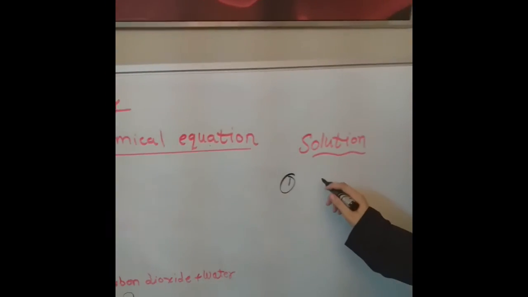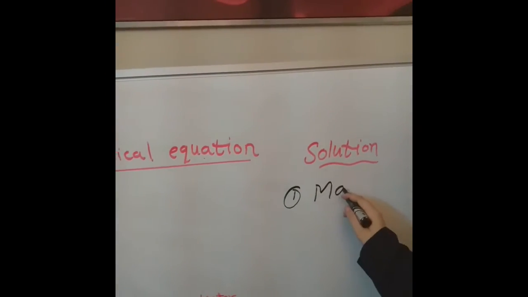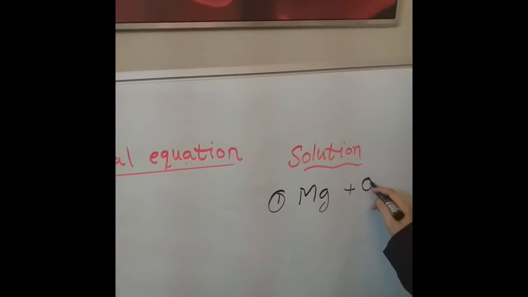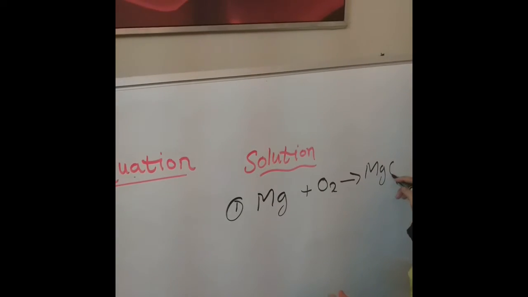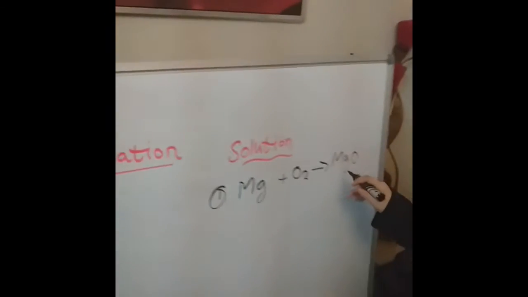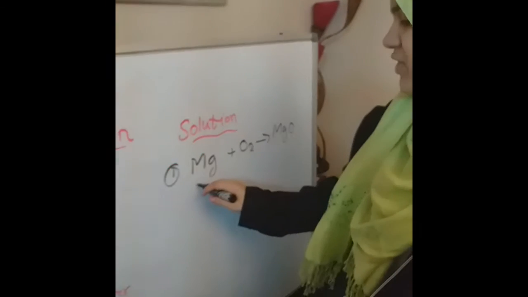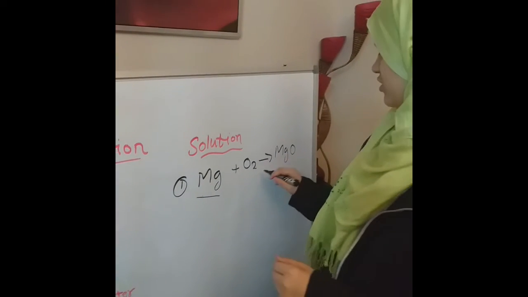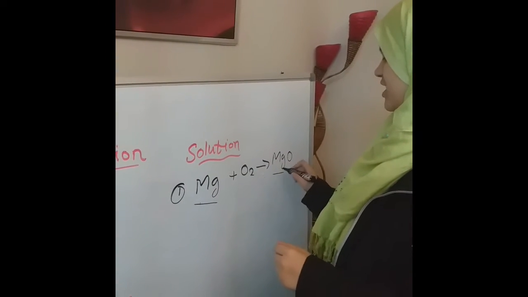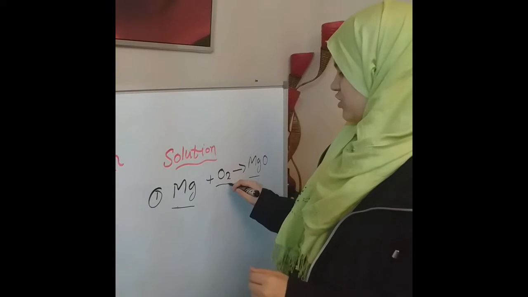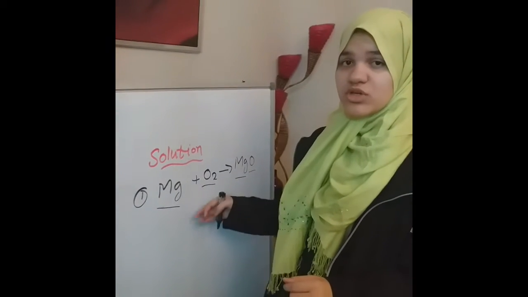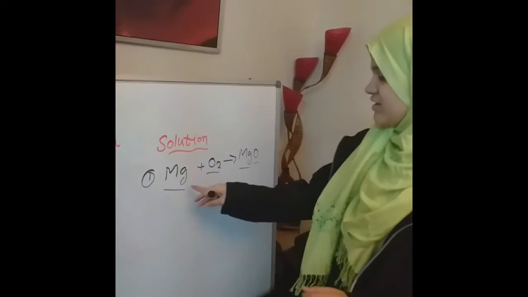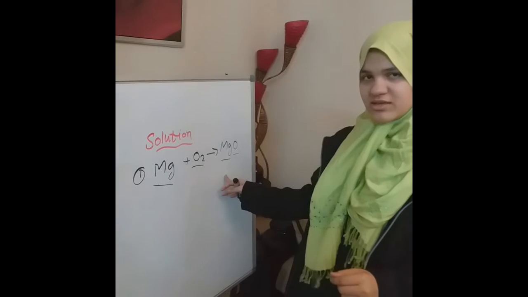Let us start with the first example, which says magnesium plus oxygen is equal to magnesium oxide. Here first, there is one atom of magnesium and here also one atom of magnesium. Here there are two atoms of oxygen and here is only one atom of oxygen. We want to make it balanced between the reactants and the product.